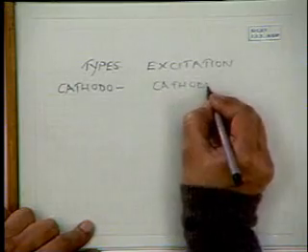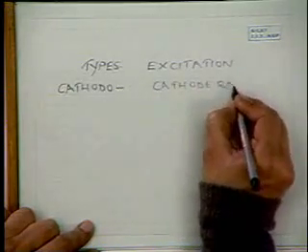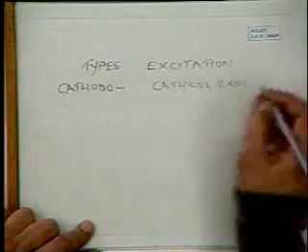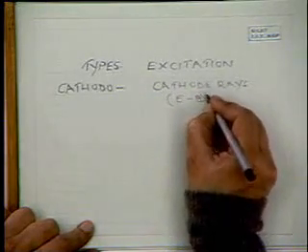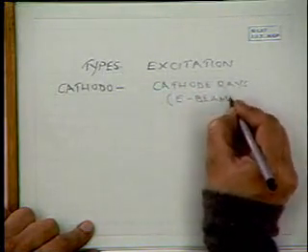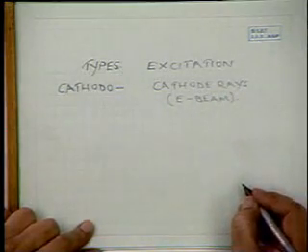Cathode rays or electron beams. In fact, this was how the first experiments after the discovery of the electron were conducted.